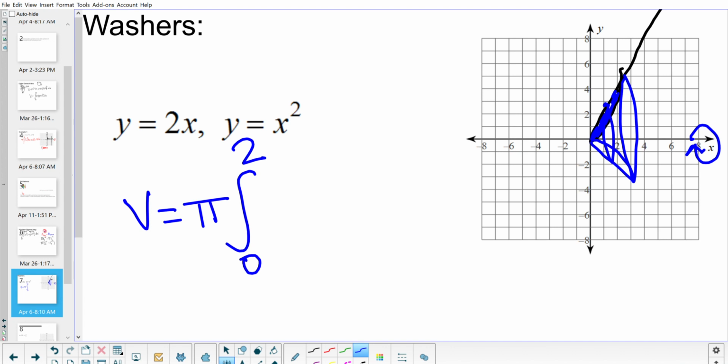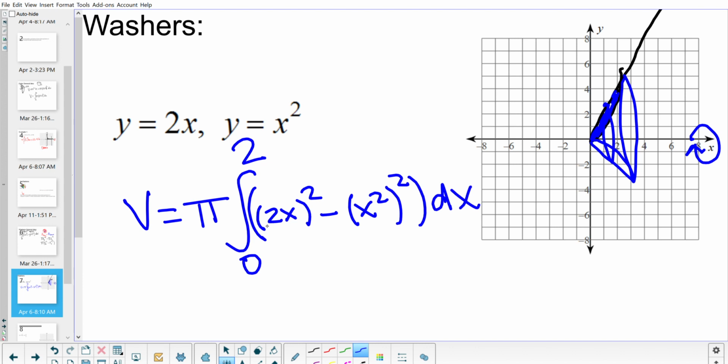Those are the x values that the area covers. Then pi, and instead of r squared, it's r squared minus r squared. The top function is 2x, so (2x) squared minus, this is interesting, (x squared) squared, and then dx.